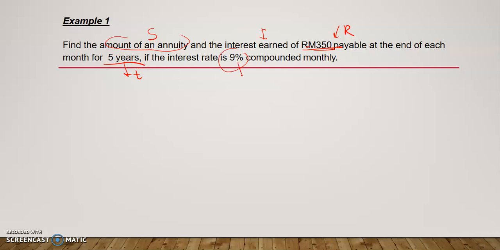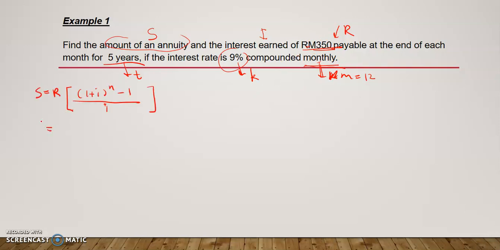And this 9% is k, the given interest rate, compounded monthly. So m equals 12. Of course, this interest rate must be compounded monthly because our investment is made every month.